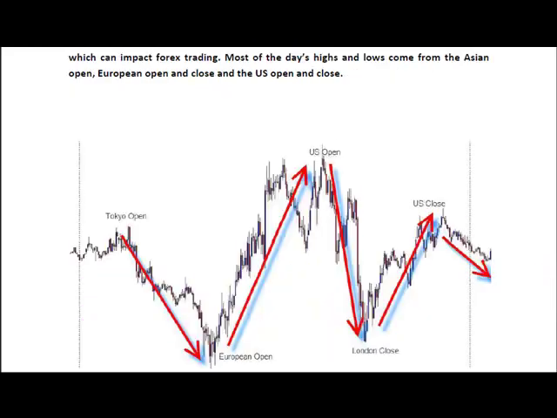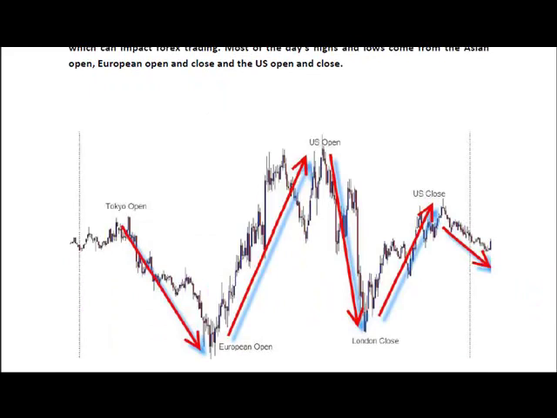Also important is to understand that these major markets can influence the direction of the Forex market quite importantly. In this example, you can see how the Tokyo open resulted in a downward trend in the market. Then the European open reversed that trend and pushed it upwards.